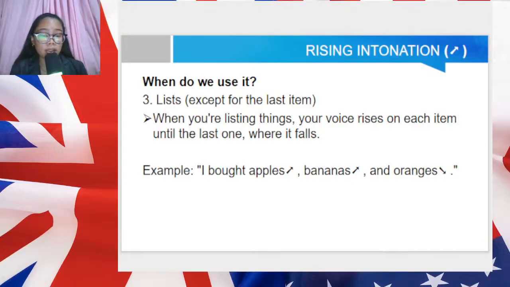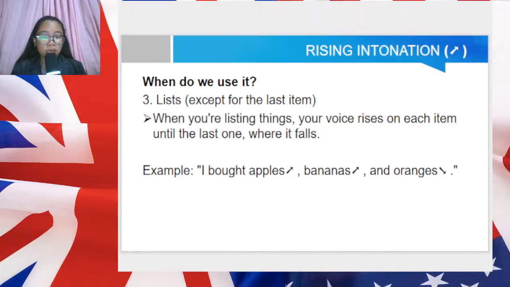This rule highlights a dual function of intonation within a single structure. For the intermediate items in the list, that is, every item before the final one, rising intonation serves a crucial purpose. When the voice rises on these items, it signals to the listener that the speaker's thought is not yet complete. It creates a sense of expectation, indicating that more information or additional items are forthcoming.